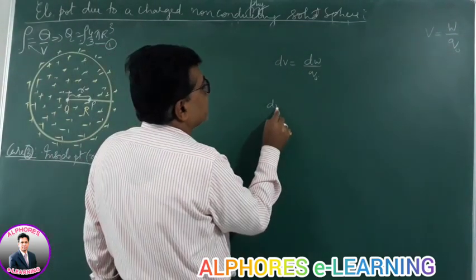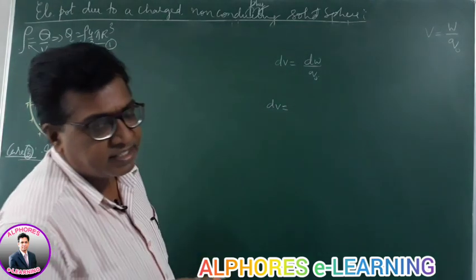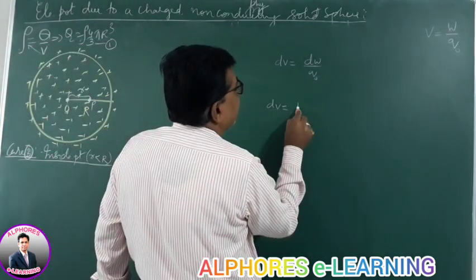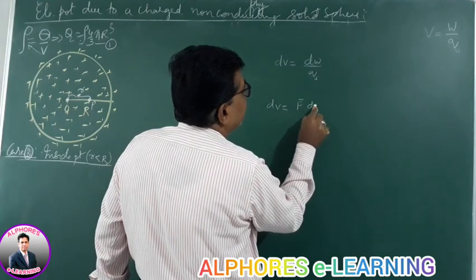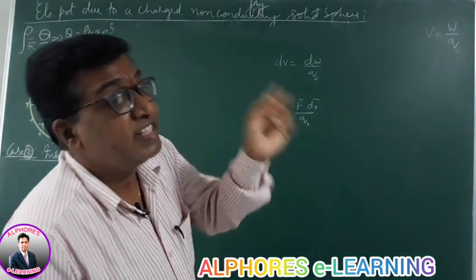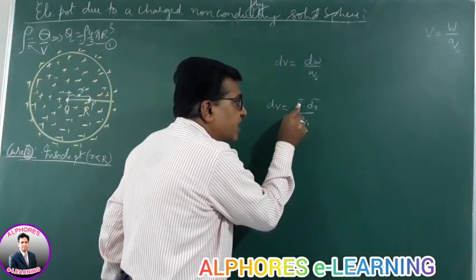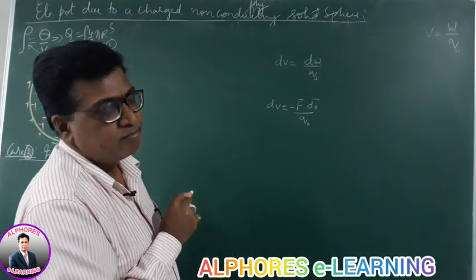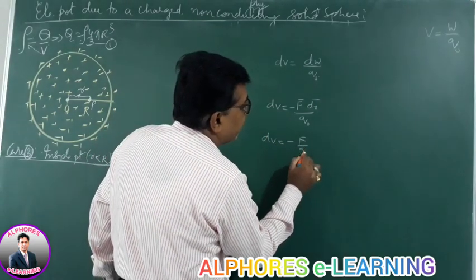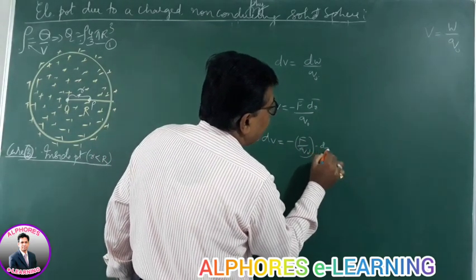In first year you have learned work done is F dot ds, so I shall write it as F dot dr by Q naught. It is the work done against the force, so it is minus. Therefore dV is equal to minus F by Q naught dot dr.